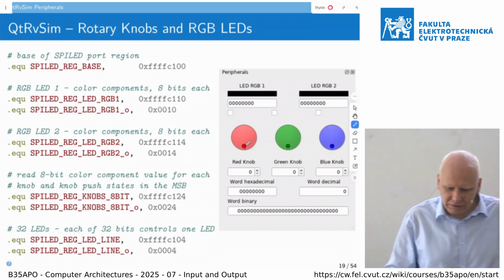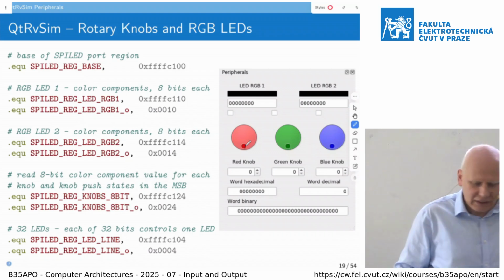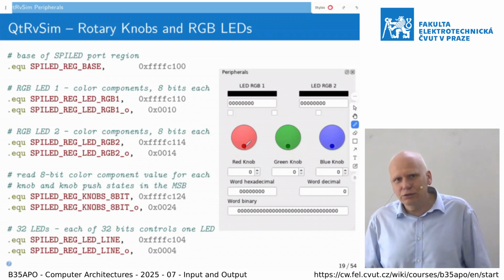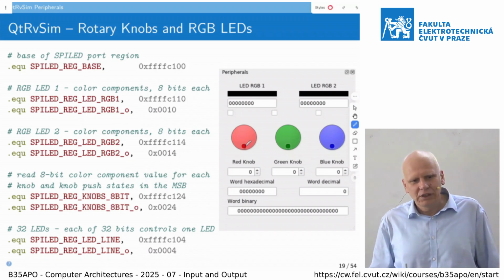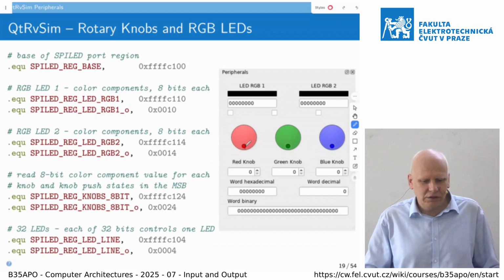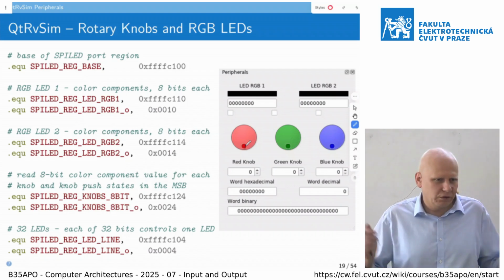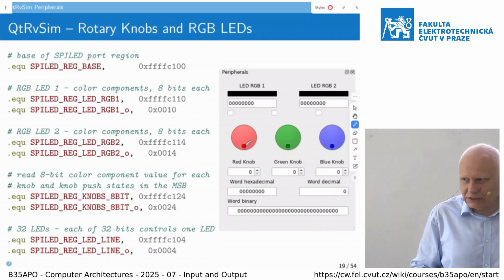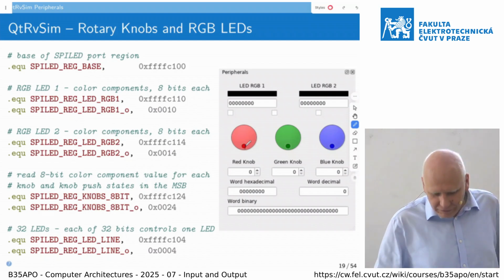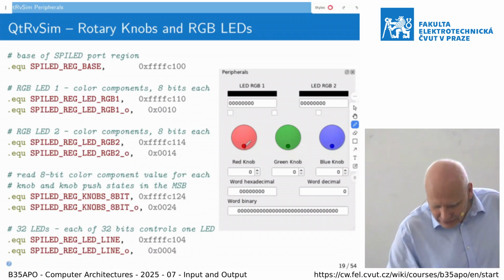So for this reason, we decided that knobs are an interesting input device, and they are used, for example, on measurement instruments, oscilloscopes, and so on. So it is a relatively interesting peripheral. So we have added it to our boards, and it is here.